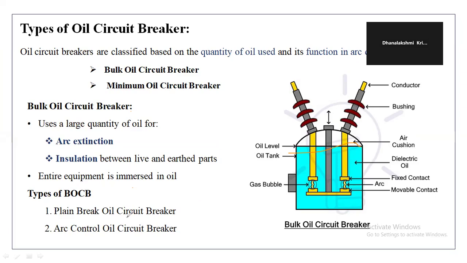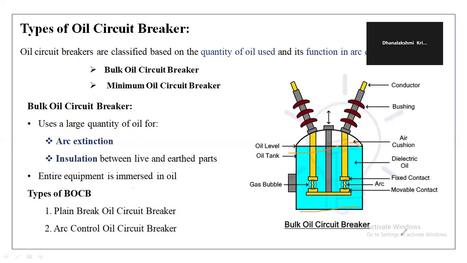Such a circuit breaker may be classified into two types: plain break circuit breaker and arc control circuit breaker. The first one is the plain break bulk oil circuit breaker. It involves the simple process of separating the contacts under the oil in the tank.